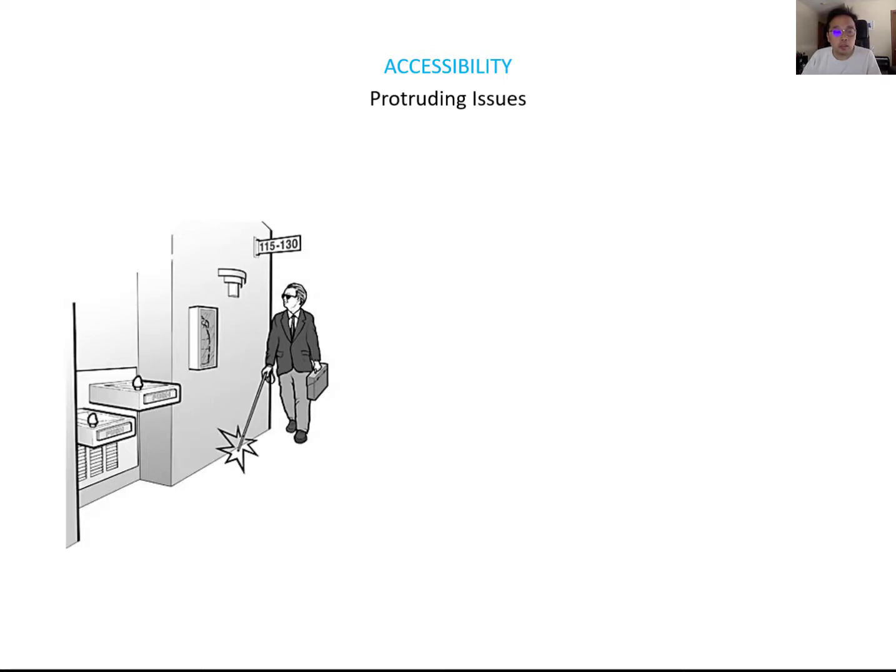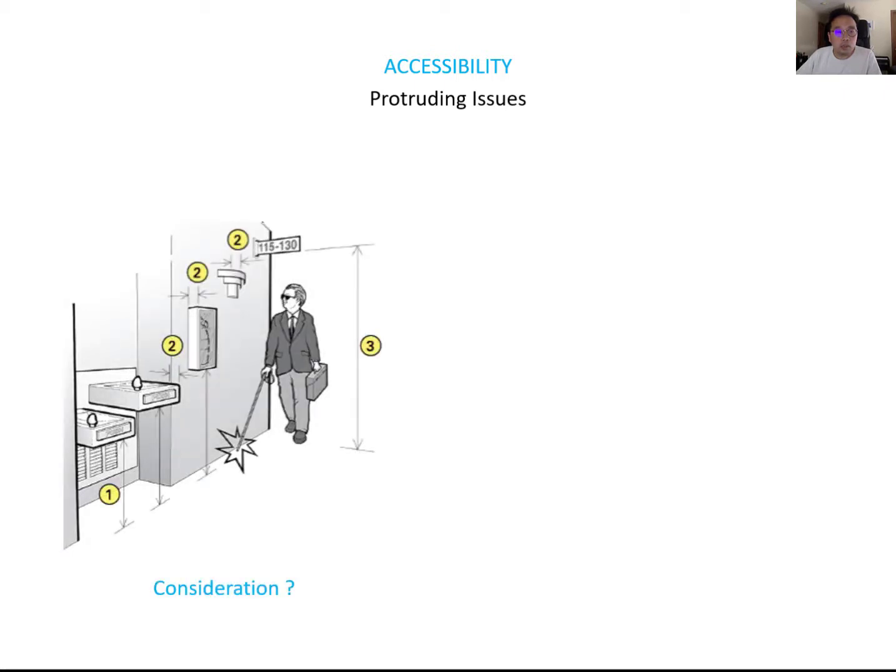So this dimension actually starts from the human body factor and then also this cane. So when you're designing from this image, you should know about the dimension here. This is all your consideration. But how do you memorize all these things? It's very difficult to memorize and hard to apply.